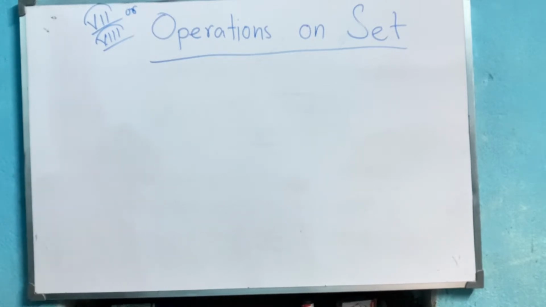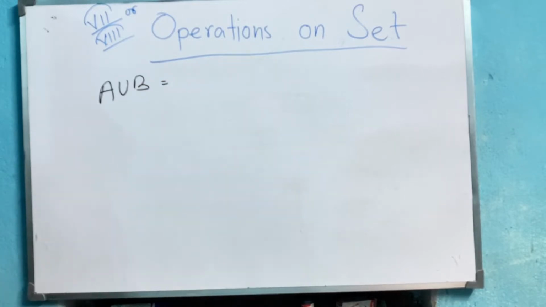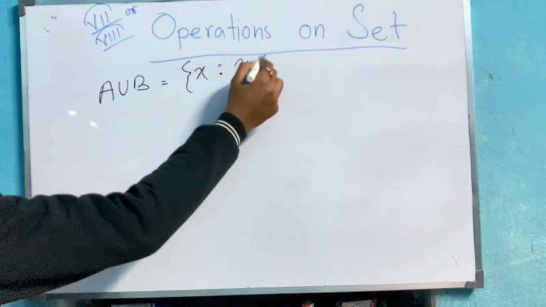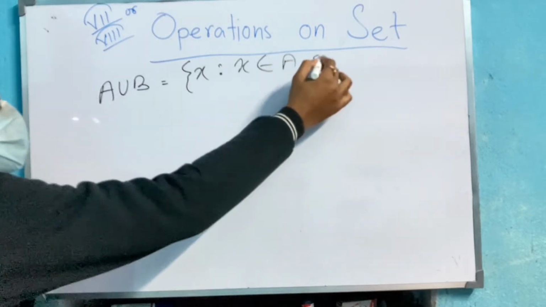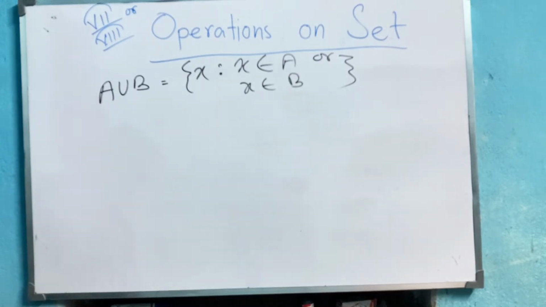The union of the two sets A and B means all the elements that belong to A or B. That means A union B is the set of X such that X belongs to A or X belongs to B.